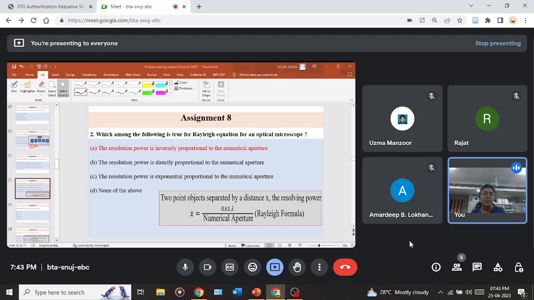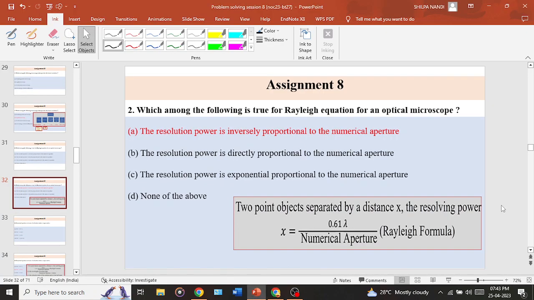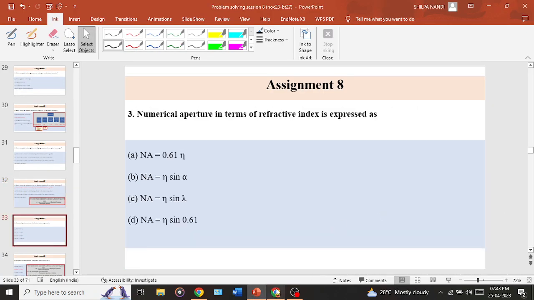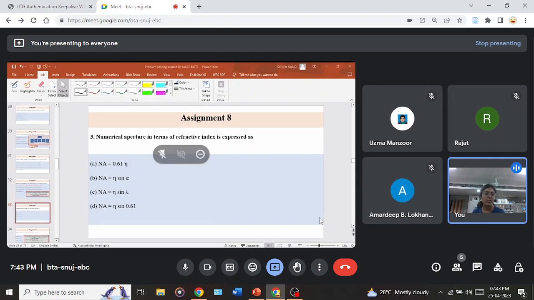Okay, so I guess there is no doubt till now. So we can move on to the next question. Again, a similar question related to microscopy.